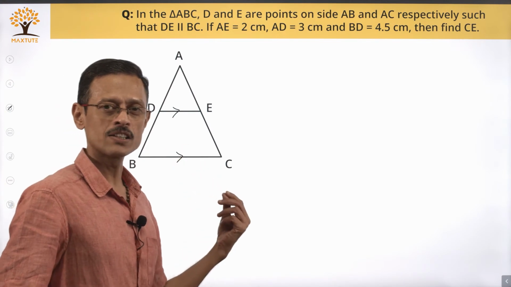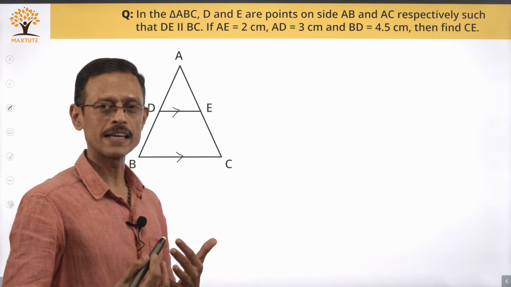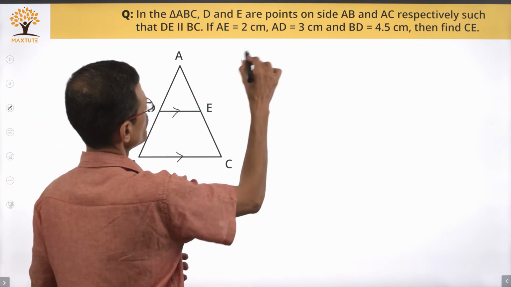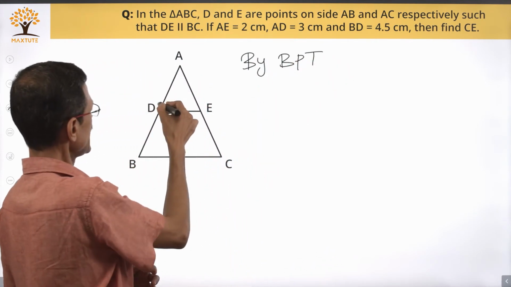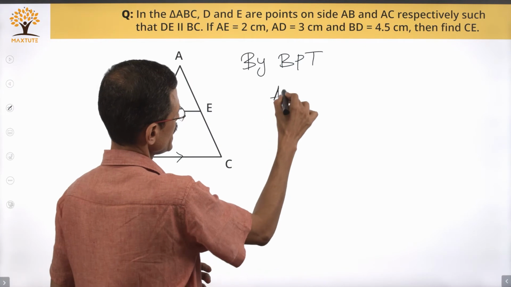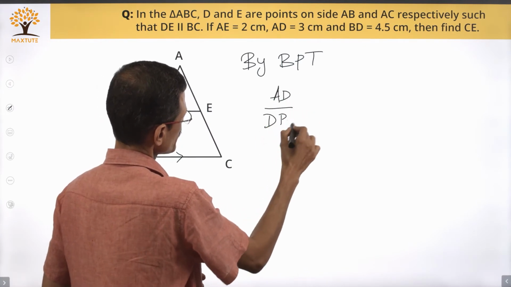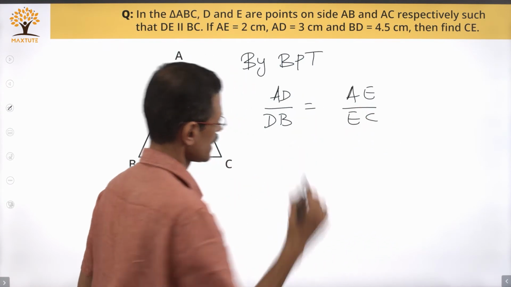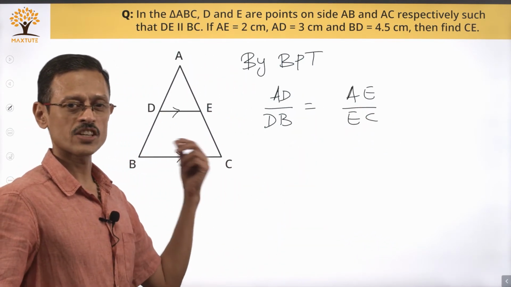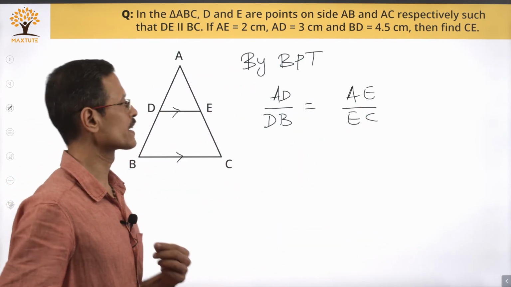If DE is parallel to BC, then obviously we are going to be applying the basic proportionality theorem. By the basic proportionality theorem, what can be established? We know that AD by DB will be equal to AE upon EC, right? Do we have measures of all of these? Let's check out what all measures we have and what we need to compute, right?